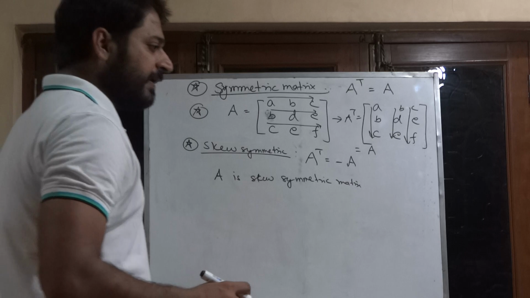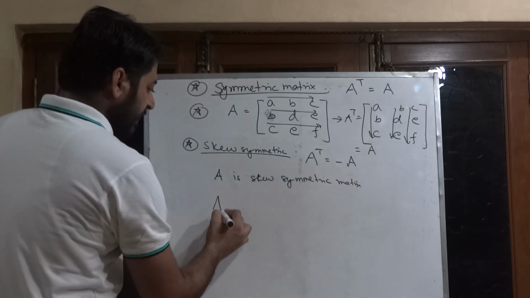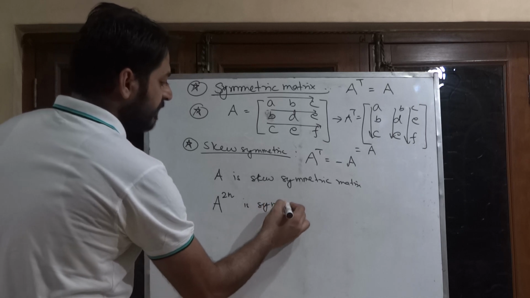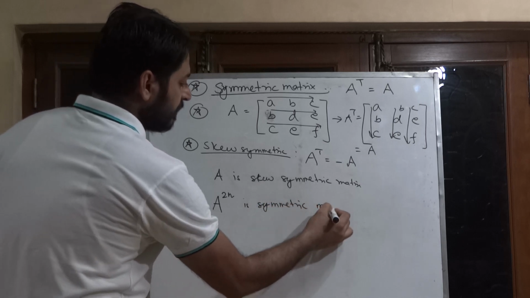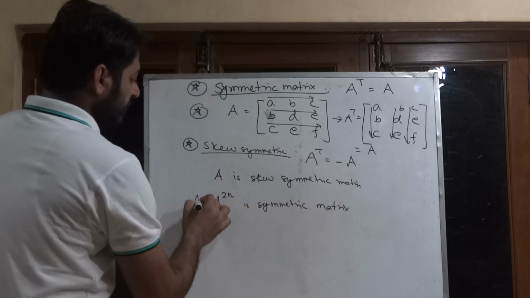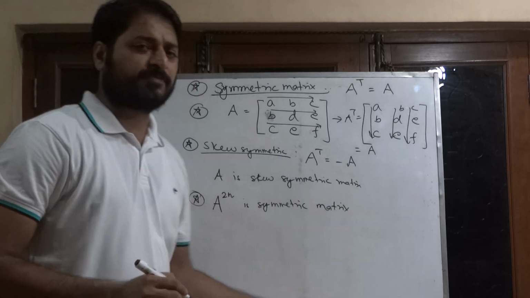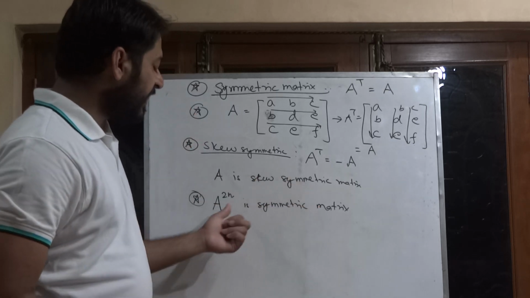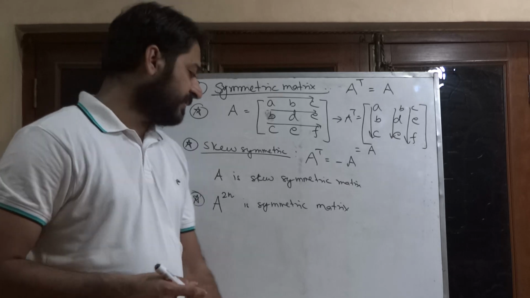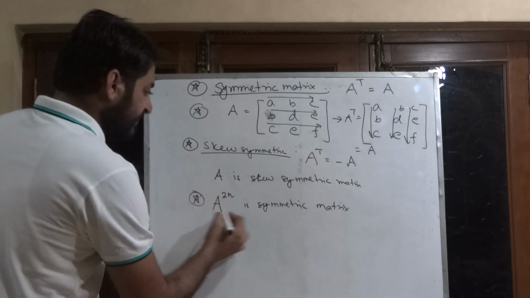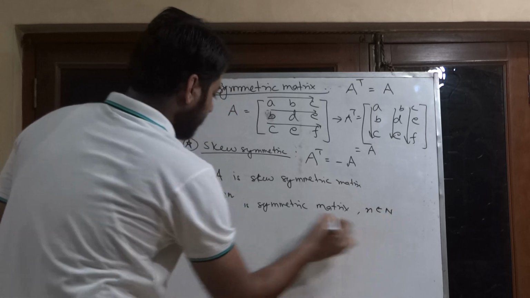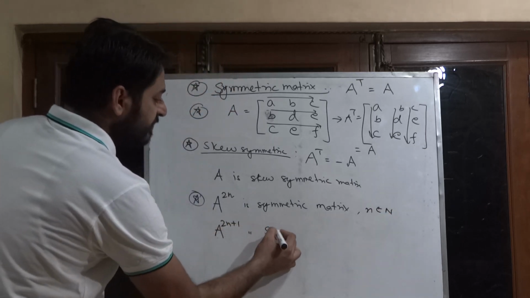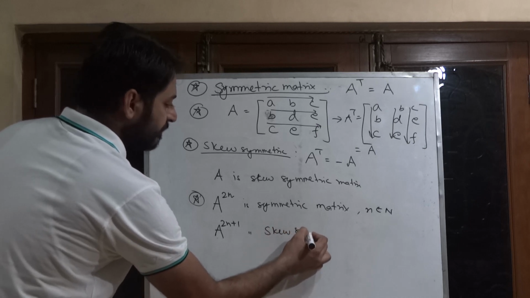If A is a skew symmetric matrix, then A to the power 2n is a symmetric matrix. You may not find this property in your board exam books. If A is skew symmetric, then A power 2n, that is, the even power of A, is a symmetric matrix, where n is a natural number, whereas A to the power 2n plus 1 is a skew symmetric matrix.